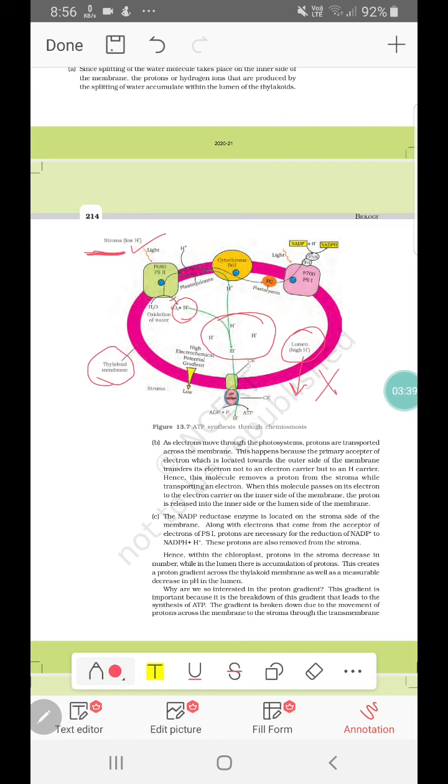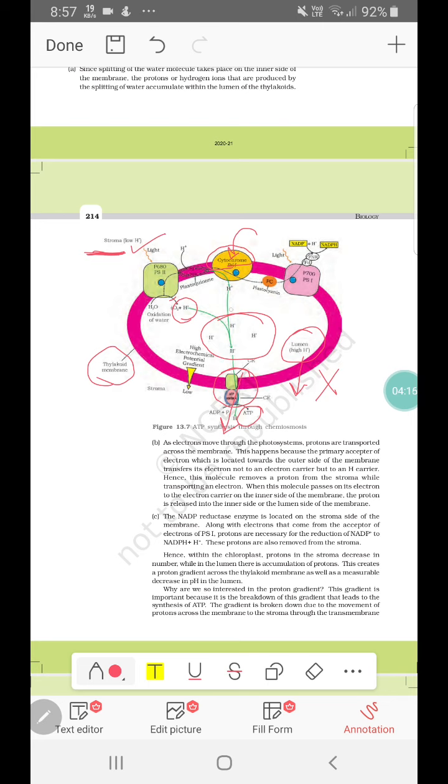Because of this proton gradient, or this high electrochemical potential gradient of protons, the ATP synthase molecule in the membrane shows certain conformational changes, which leads to the production of ATP and the release of H plus outside. As the thylakoid membrane is not permeable to H plus ions, certain molecules like cytochromes bring H plus back inside the thylakoid membrane.